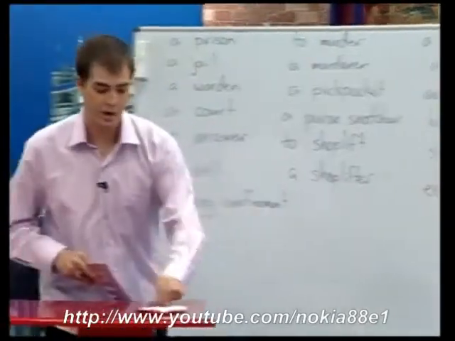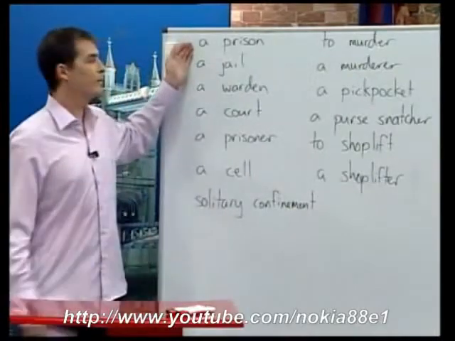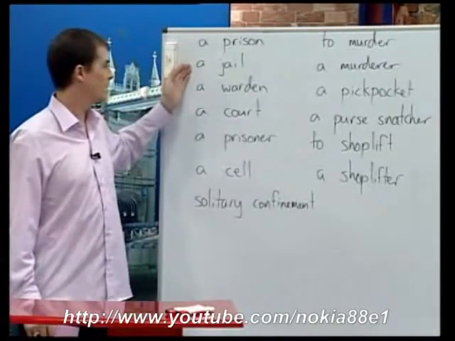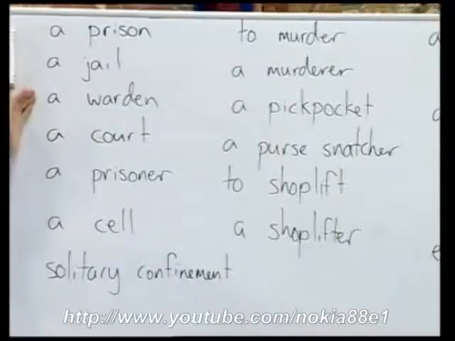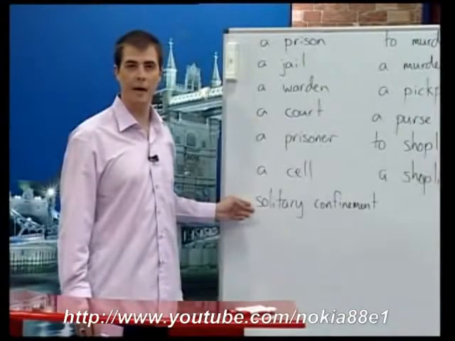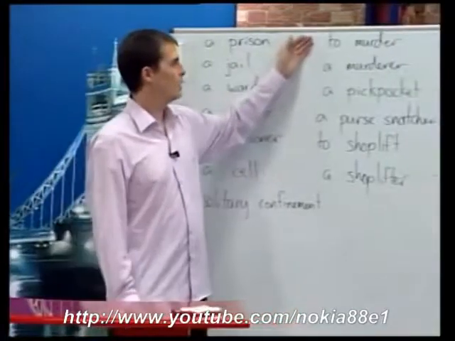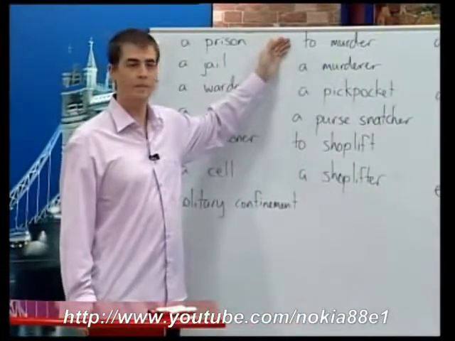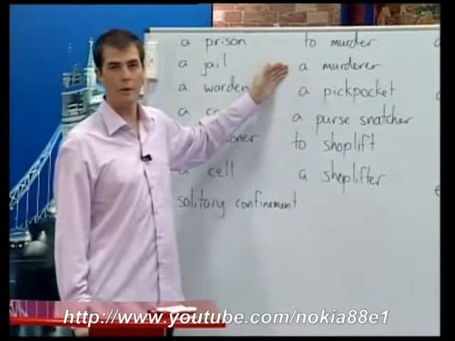So let's have a look at these words again. First we have a prison, a jail, a warden, a court, a prisoner, and a cell. Now we have solitary confinement. The verb to murder, and the person, a murderer.